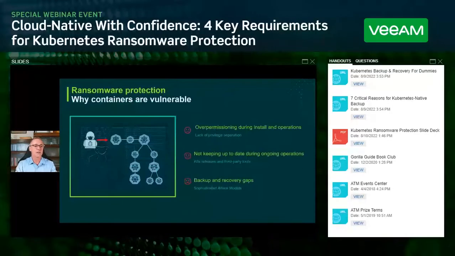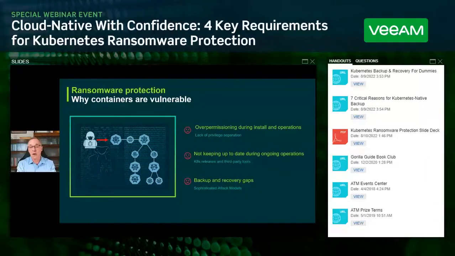If we dig into this a little bit more about why Kubernetes environments are vulnerable to ransomware, Kubernetes environments frequently use open source libraries. You might need to be scanning those frequently. Even if you have apps that you trust, Kubernetes is a young ecosystem. A lot of times administrators allow too much permissions for a given app that can be exploited.